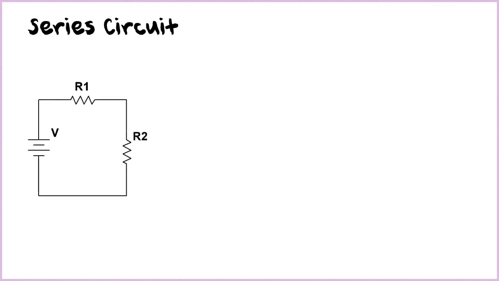So series circuit. A series circuit has the same concept as a simple circuit but with an additional resistor. So we have now R1 and R sub 2. R1 and R2 are connected, so one terminal of R1 and one terminal of R2 are connected together.